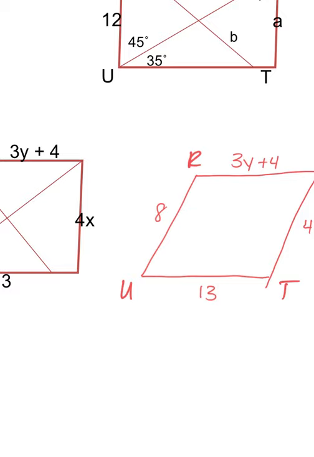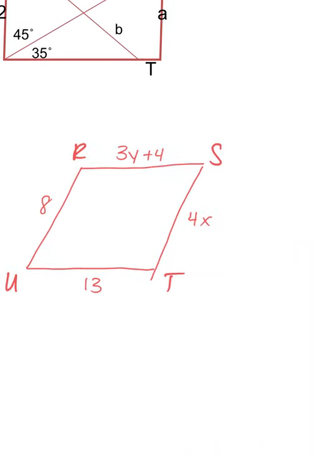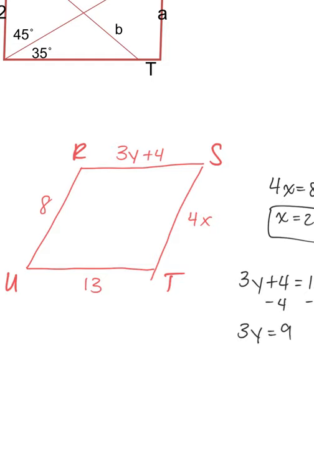How do we solve for x, guys? Set 4x equal to 8. So x is 2. How do we solve for y? Yep. 3y plus 4 will be equal to its opposite side, which is UT, 13. So we're going to subtract 4 from both sides. We're going to get 3y equals 9.